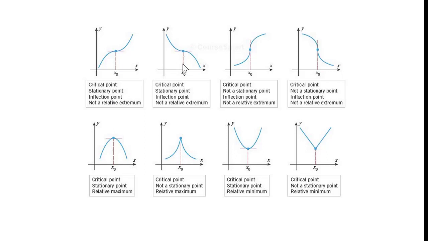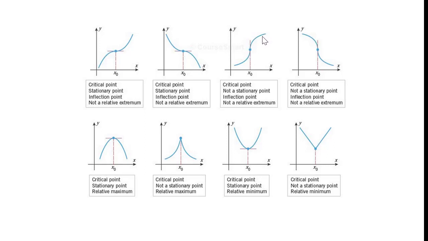Similarly with this one, except in the opposite direction. In this one here, again, you have a critical point, but you're not flattening out. As you approach this point, your tangent line becomes more and more vertical. All your slopes are positive, but they're going off to positive infinity as you get closer to this point.